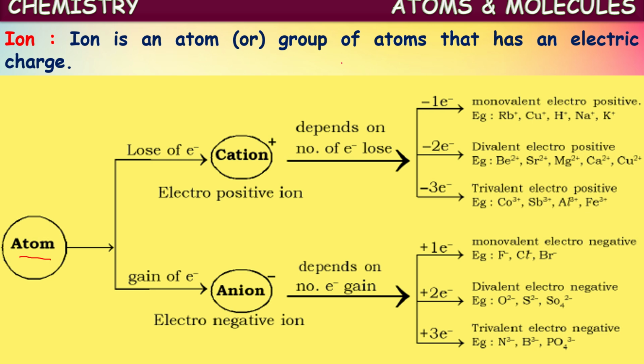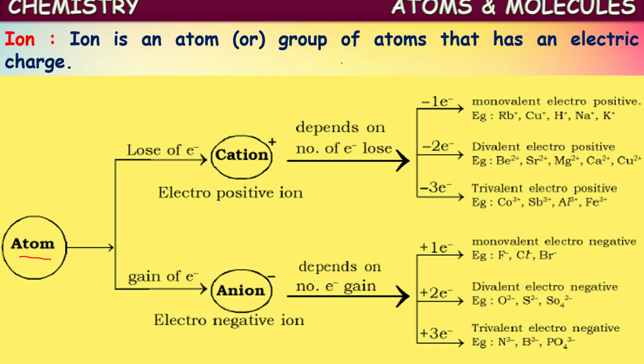That means it is carrying a positive charge. That is called a positively charged ion, nothing but an electropositive ion, nothing but a cation. So whenever a neutral atom loses electrons, it acquires a positive charge on it. That is called an electropositive ion, nothing but a cation.